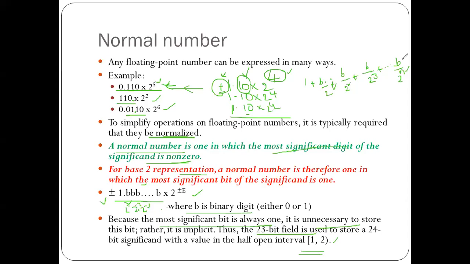If all the B's are 1, then I am checking for the maximum value. If all B's are 1, then I'll be having 1 plus 1 by 2 plus 1 by 2 square and so on, up to 1 by 2 whole power n.